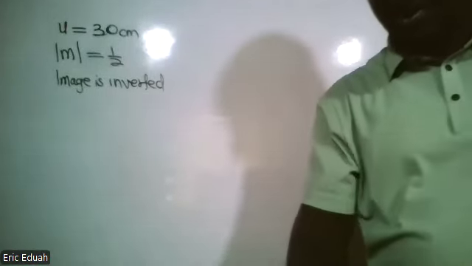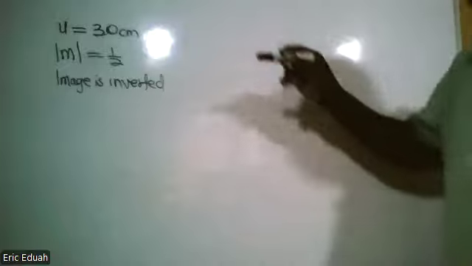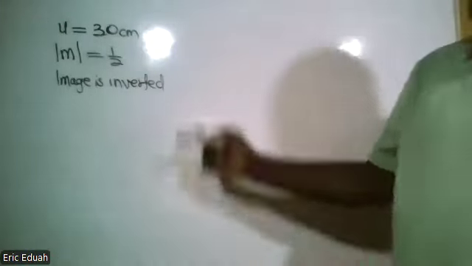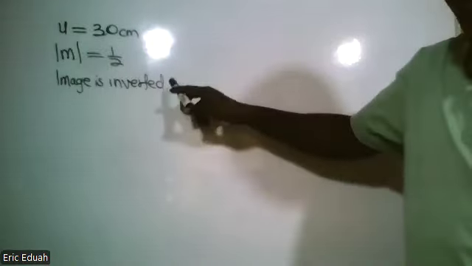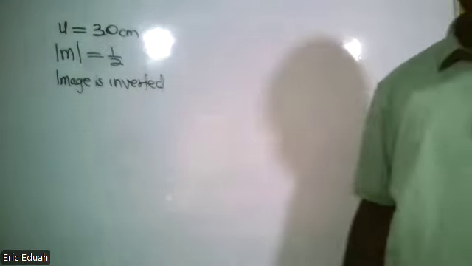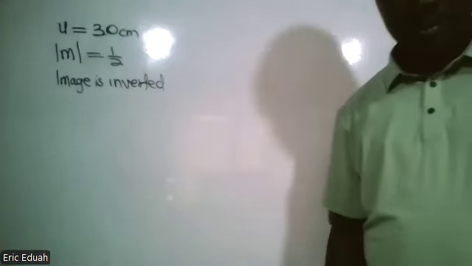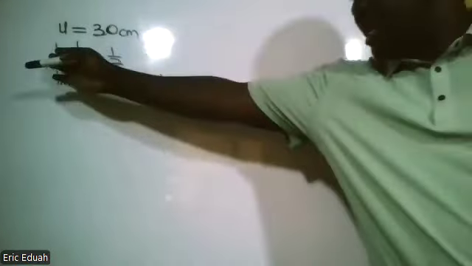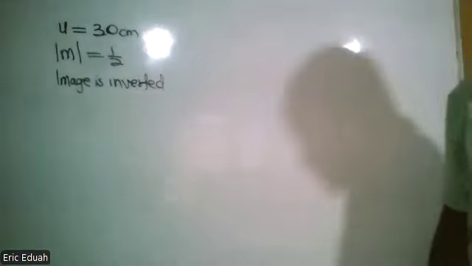Please come again. If you are told that the image formed is diminished, the image is inverted, what kind of mirror produces such an image? Or what kind of mirror would produce an image of these characteristics?